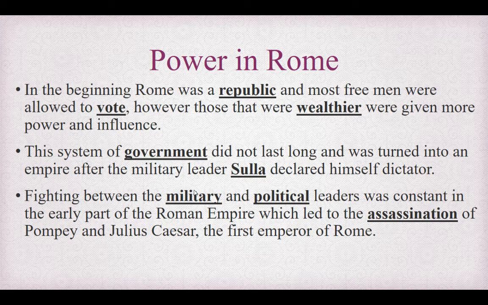Sulla led his military to overthrow the republic and established himself as an autocrat, so someone that had sole power and authority in the empire, and created the title of dictator. Fighting between the military and political leaders was consistent in the early part of the Roman Empire, which led to the assassination of Pompey and Julius Caesar, the first emperor of Rome.